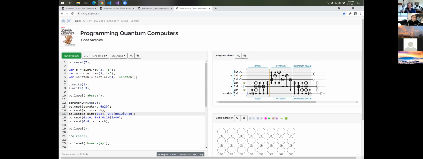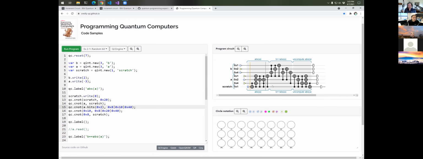Okay. And so, using the scratch bit, I don't know that the circles do anything real interesting on this. Actually, there's probably too many of the circles because there are so many qubits in play. So here, A should have the absolute value of 3.